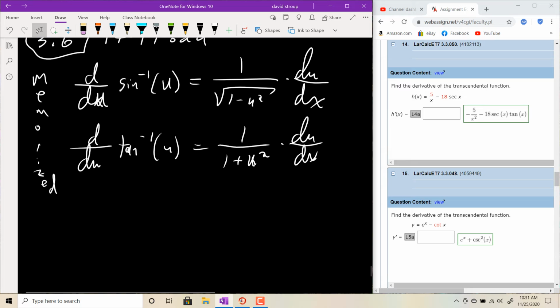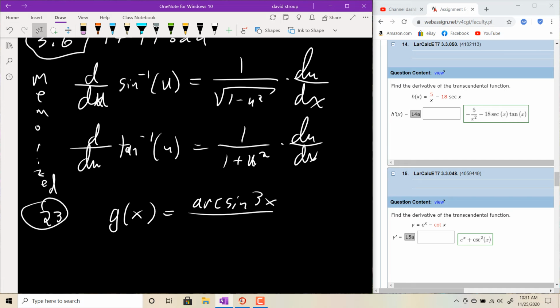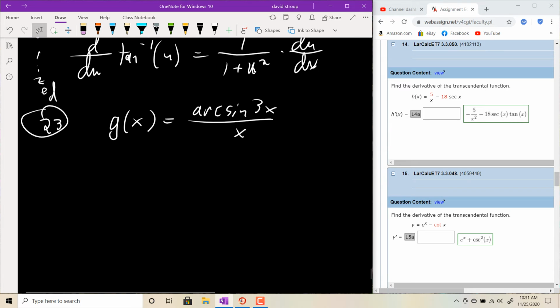Let's look at 23. So it looks like we're going to end up with a quotient rule on this one. So I have arc sine of 3x all over x. Okay.